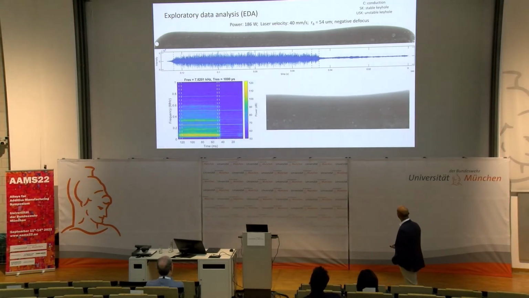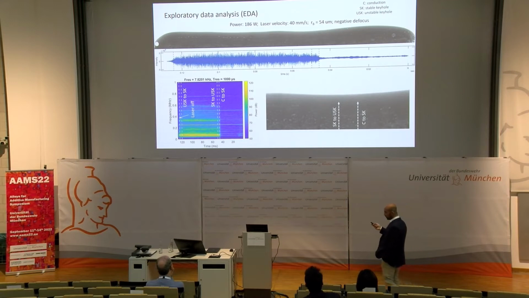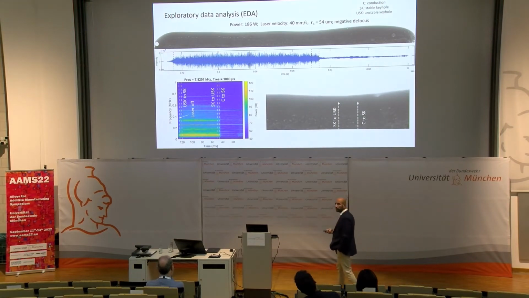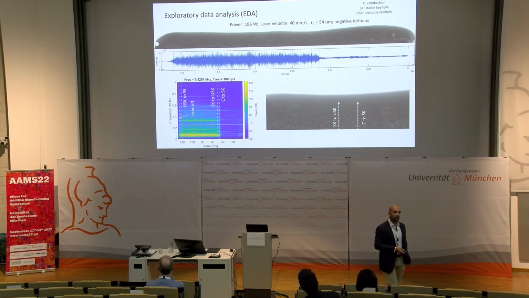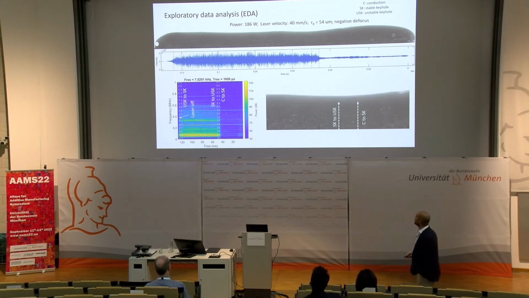Looking closer again, you go to stable and then you are in unstable. We have over 20-25 videos of these instabilities that we looked at closely, and we saw that there's a clear correlation.